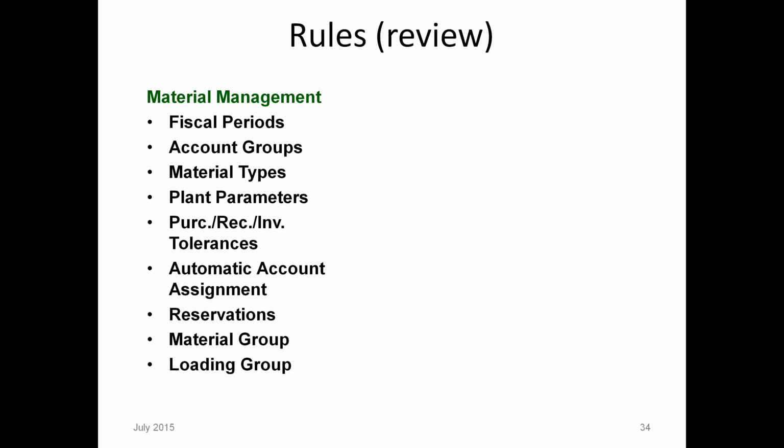Material group is a group of materials with the same kind of properties. Loading group is helpful in determining the shipping point determination, what route the material has to go through when it is being sold to a customer.